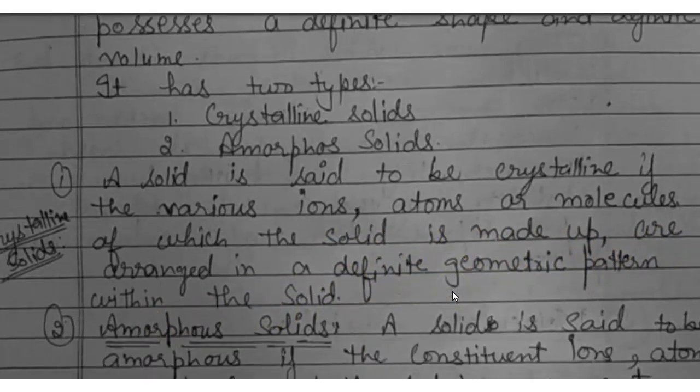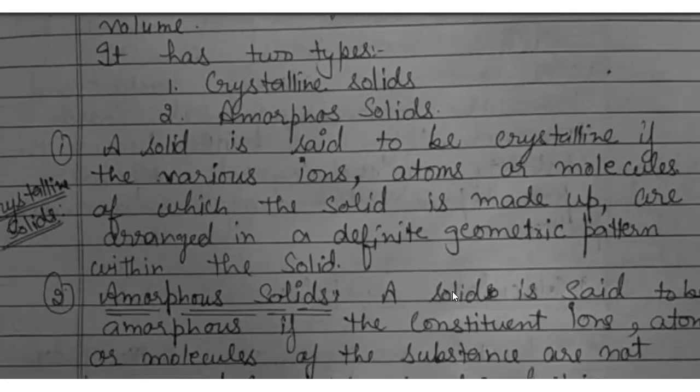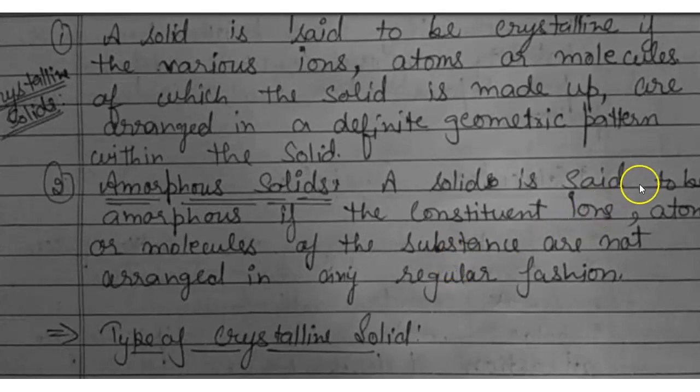So crystalline solids have a definite geometric pattern. In an amorphous solid, the constituent ions, atoms or molecules of the substance are not arranged in any regular fashion. It means to say an amorphous solid has no regular arrangement.